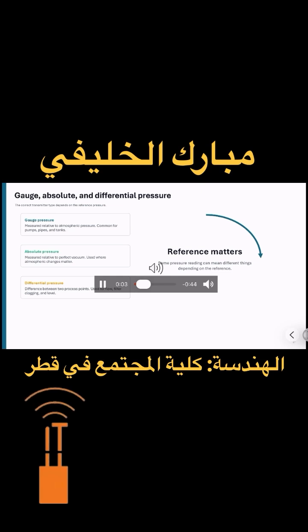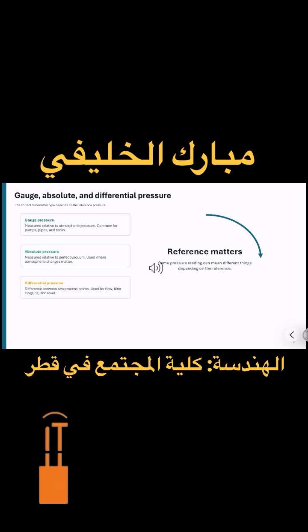Gauge, absolute and differential pressure. There are different types of pressure measurements. Gauge pressure is measured compared to atmospheric pressure. It's common in pumps, pipes and tanks. Absolute pressure is measured compared to a perfect vacuum.